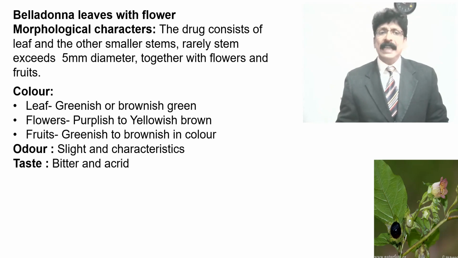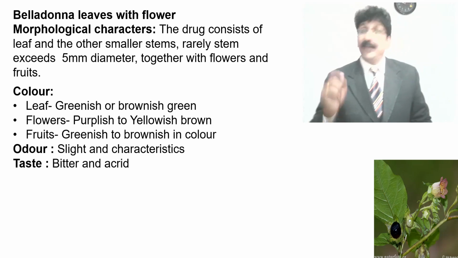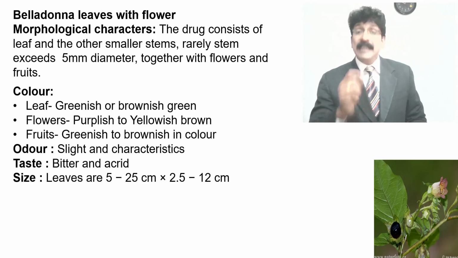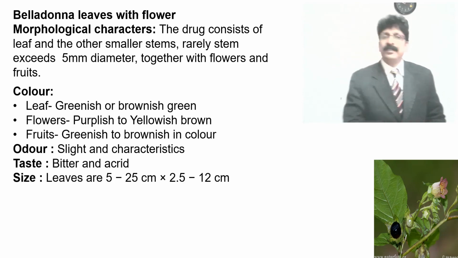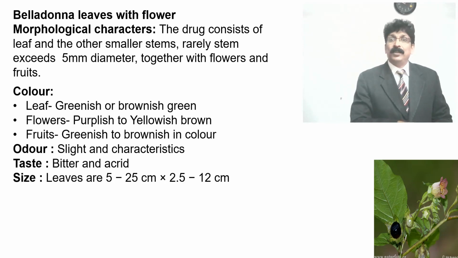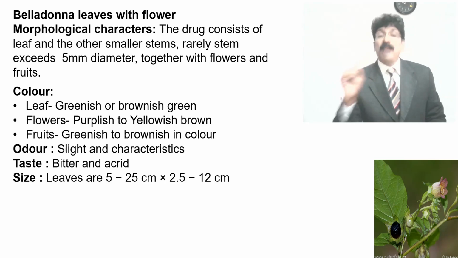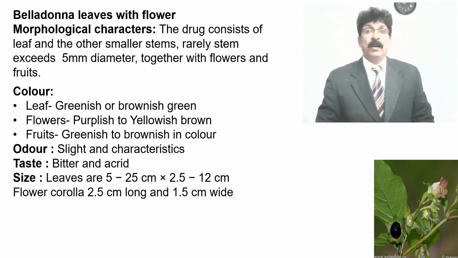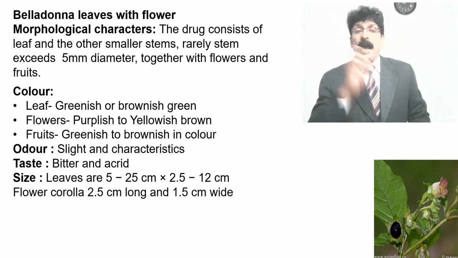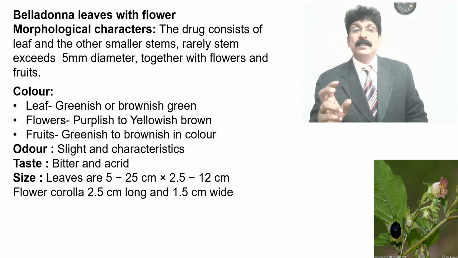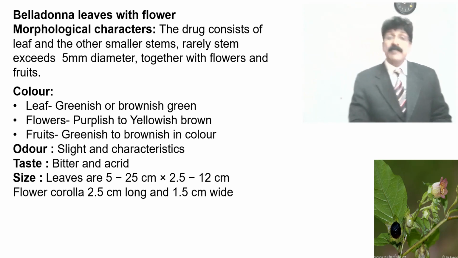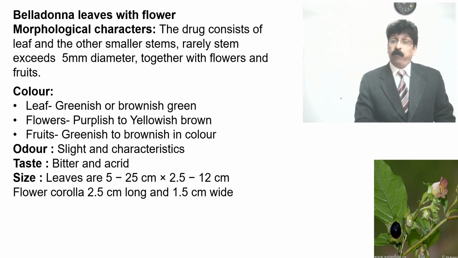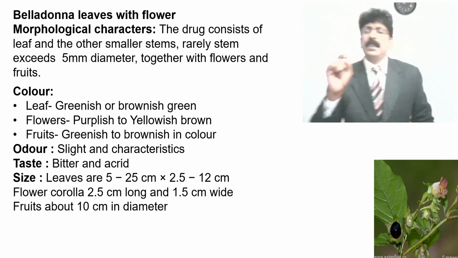Taste, bitter and acrid. Size: leaves are 5 to 25 centimeter by 2.5 to 12 centimeter. Flower corolla, you know corolla, calyx, corolla, is 2.5 centimeter long and 1.5 centimeter wide. Fruits are about 10 centimeter in diameter.